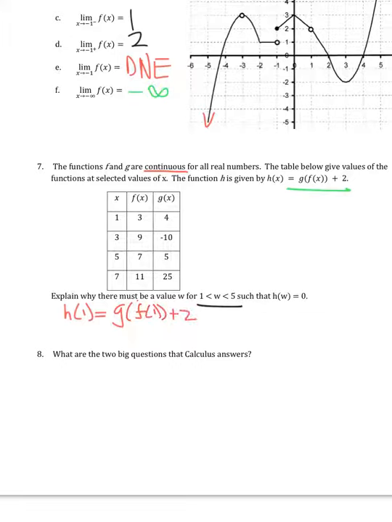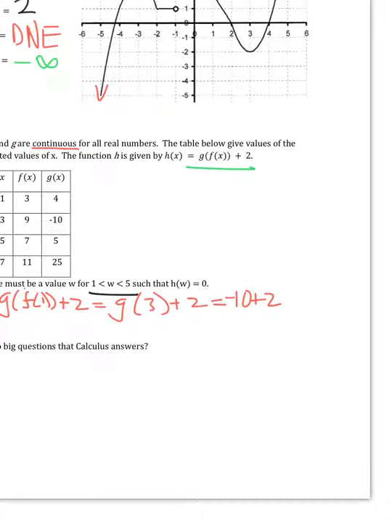It's a good idea to write this out to avoid making silly mistakes, and also to justify it. f of 1 is 3, so this is equal to g of 3 plus 2. We replace f of 1 with 3, because that's what it's worth. g of 3 is -10. So this is -10 plus 2, which is -8.